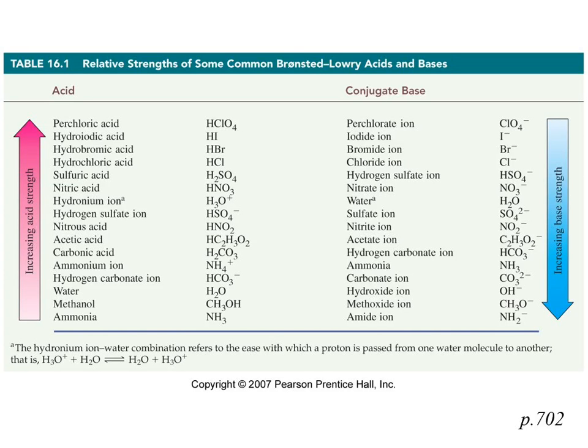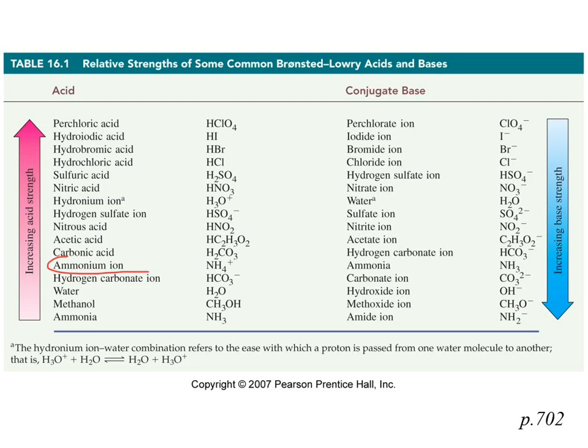This is a table we looked at before, I think. If you look across a row, you'll see the conjugate acid-base pairs. And like I said, I prefer to just say conjugate acid-base pairs, and you can figure out which one is the acid, the conjugate acid, the base, the conjugate base. Not so surprising.